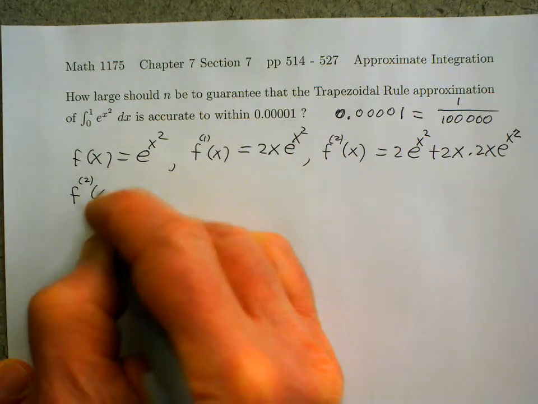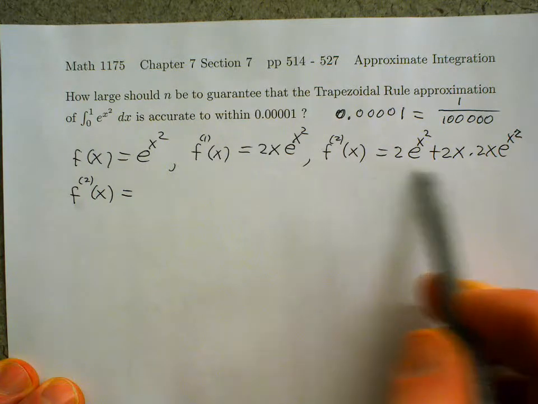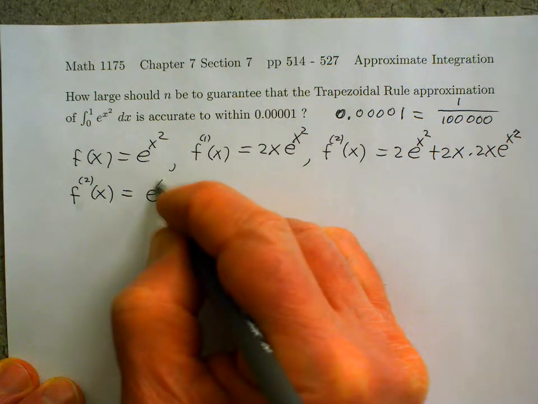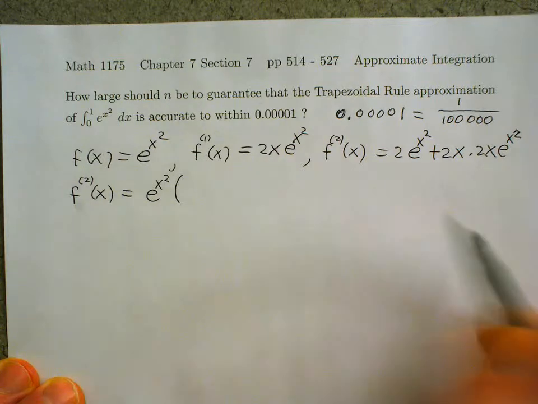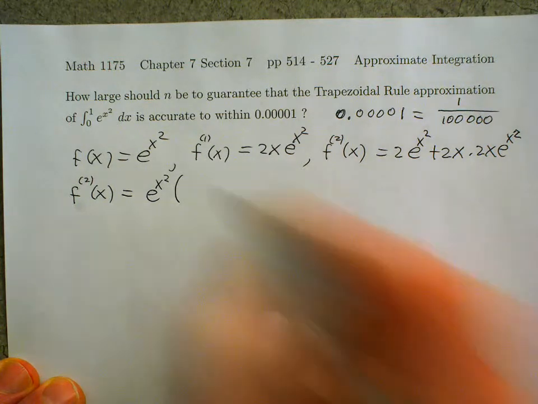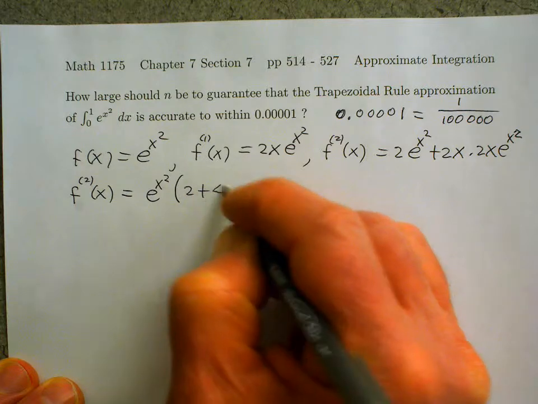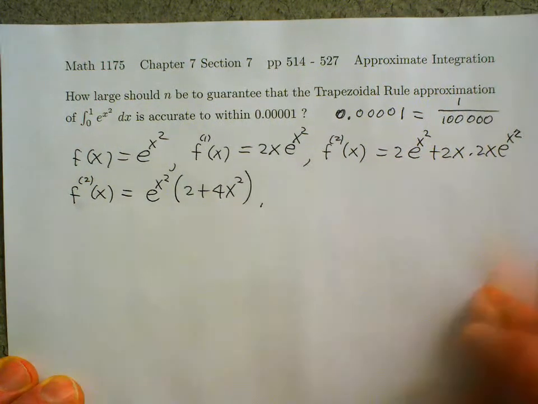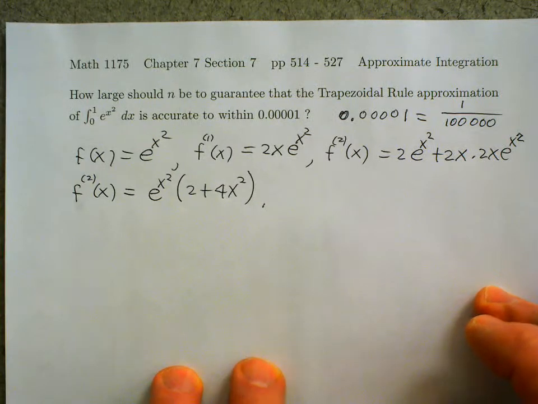So we'll simplify this a little bit. If we factor out e to the x squared, then inside the parentheses we have 2 plus 4x squared. Okay.